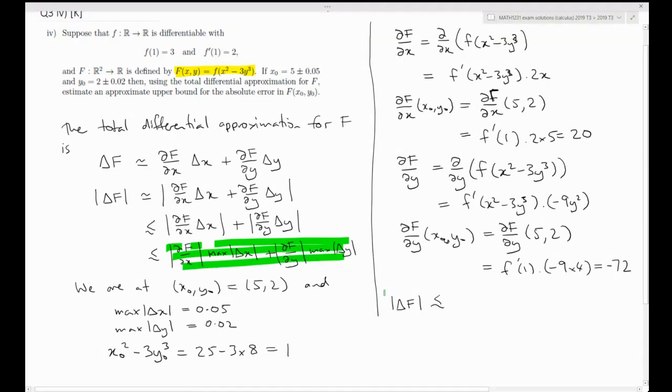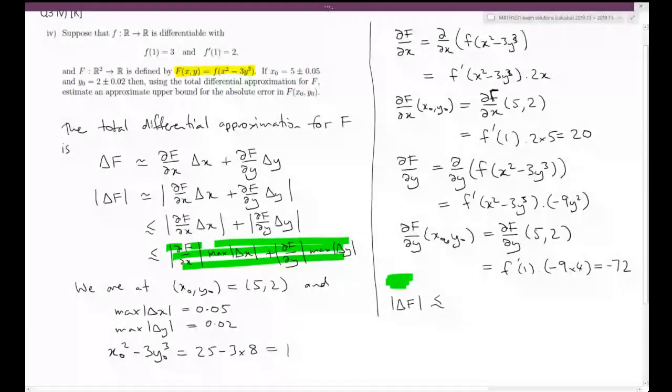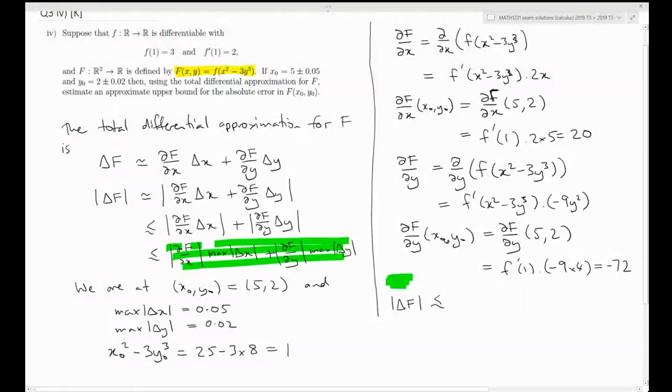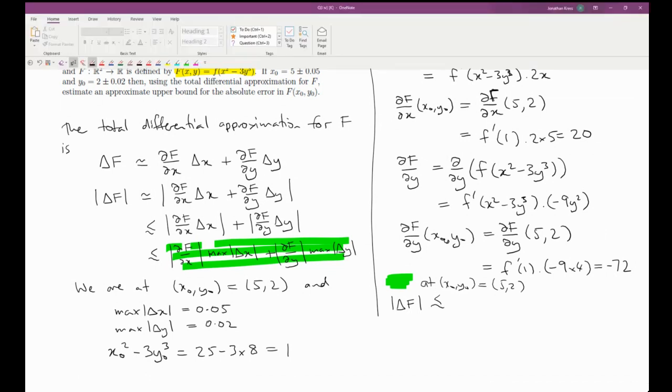So using this, go back to my regular pen. So we're evaluating this at x naught, y naught equals 5, 2.